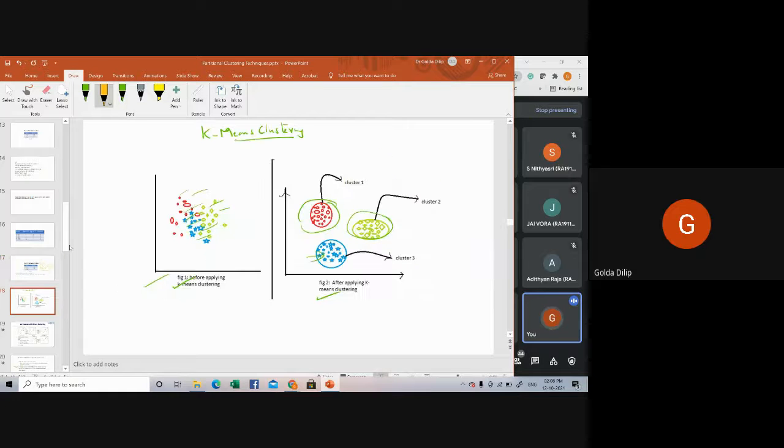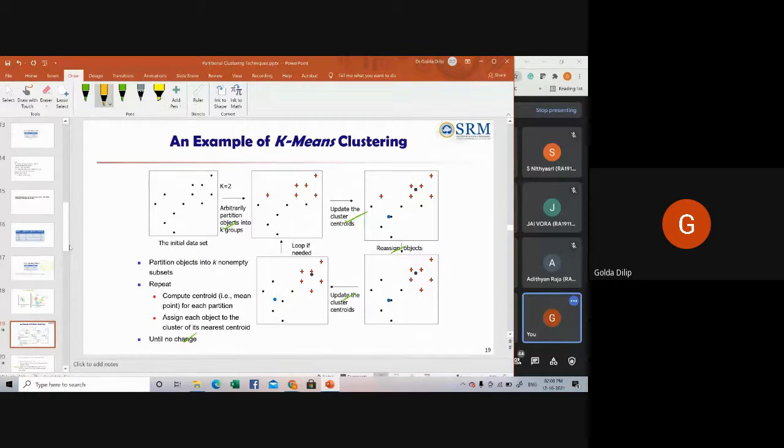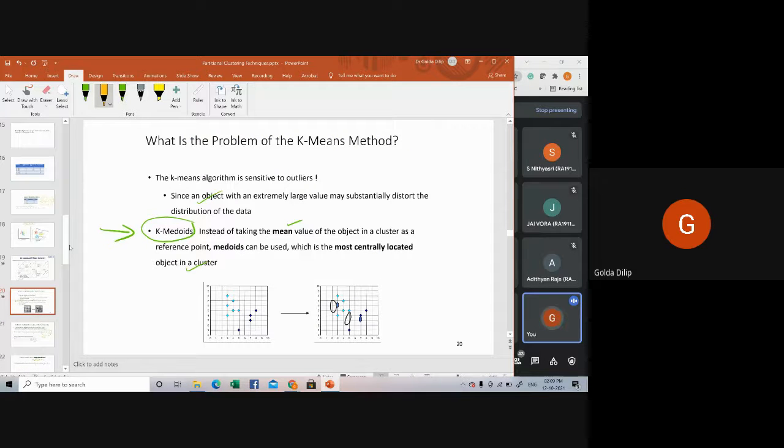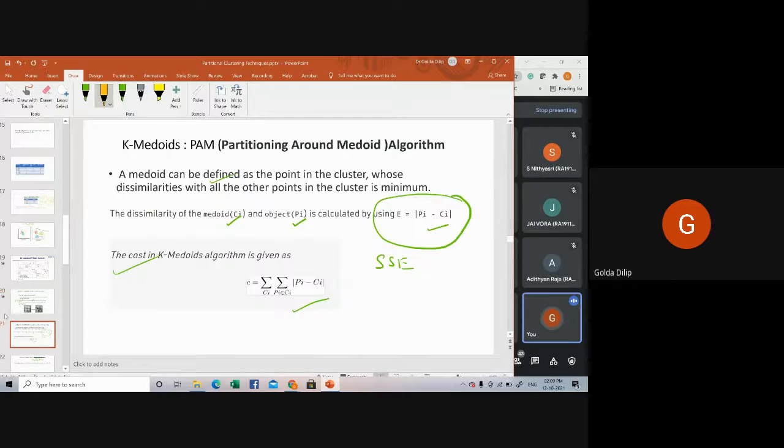Then we started today's class with an analogy of vegetables to recollect K-means clustering, something given in your standard textbook PPT. We discussed the problems associated with K-means. To overcome that, we have the concept of medoids: the point in the cluster whose dissimilarity with the other points in the cluster is minimum.